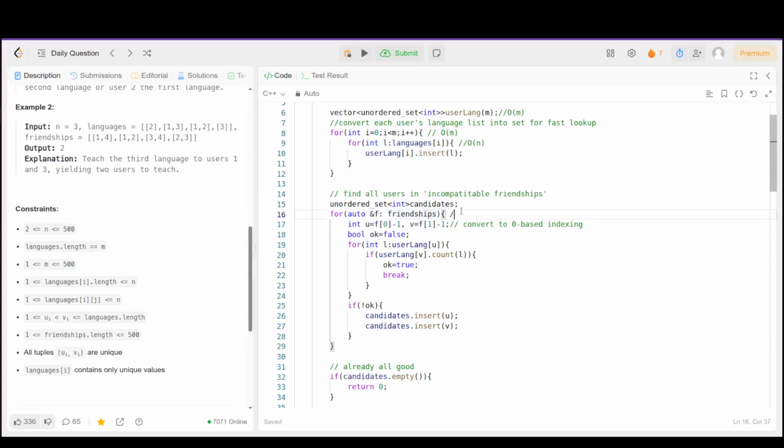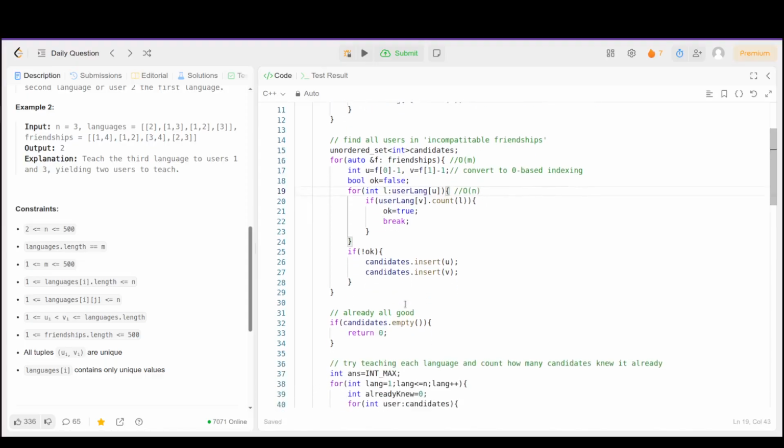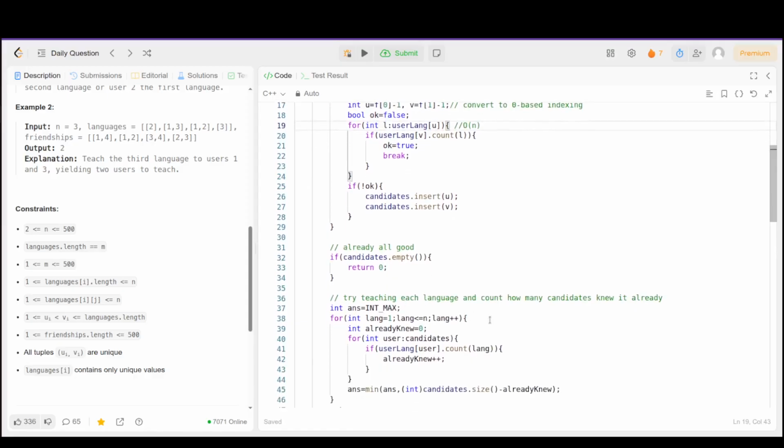It will iterate through each user, and one user can know all languages, so in that scenario it goes big O of n, and this also goes up to big O of n as it iterates over the users.